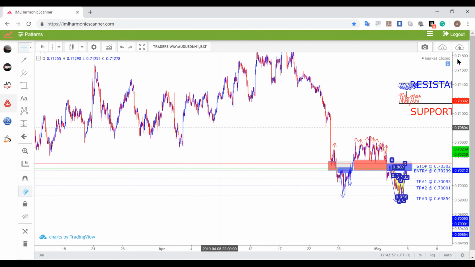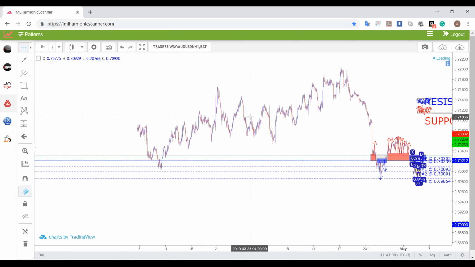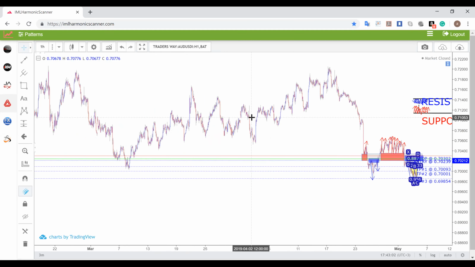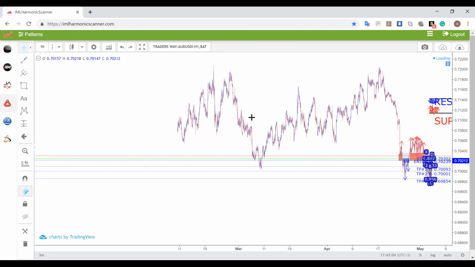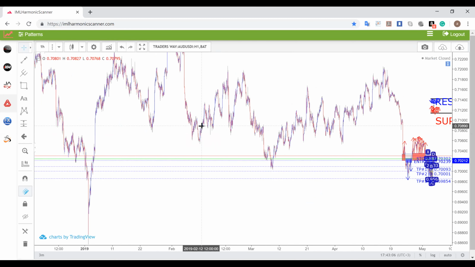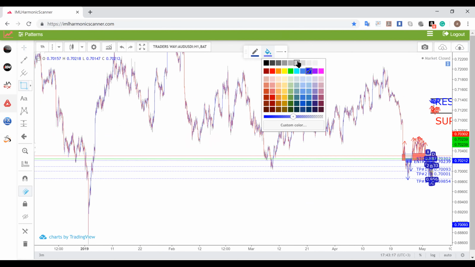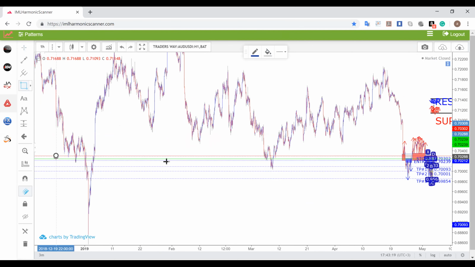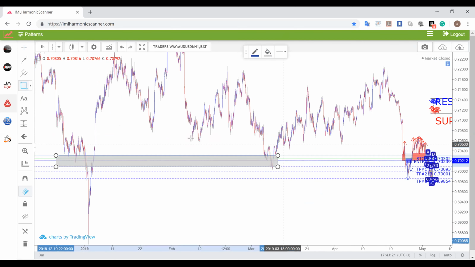Let me see if I could show you a next example of how support and resistance work, if we have enough data. Yeah, we do. If I go straight back all the way here for visual representation, let me just draw another zone.